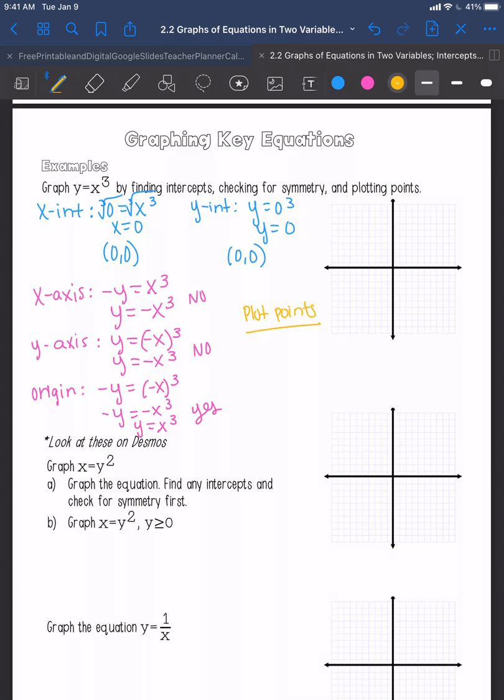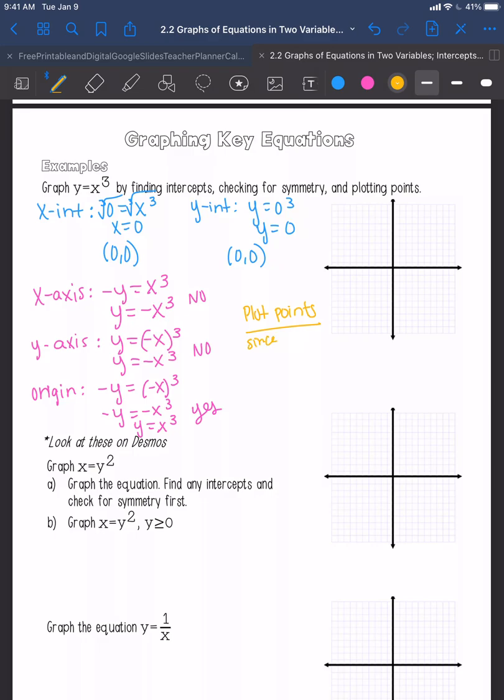Well, first of all, since we know that there's symmetry with respect to the origin, whatever x, y values we get, if we just negate the x and the y, then we'll have more points to plot.